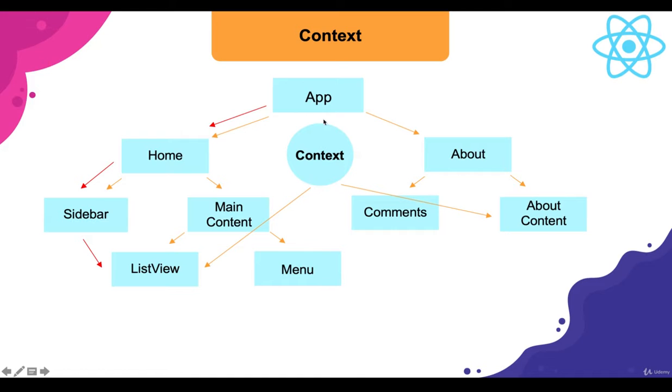For instance, every component inside this tree could have access to the shared state or data, but we don't have to use that data in each of these components. So no longer do we need to pass props down through the components. These components are not going to carry data that they will never use. We're just directly accessing the data from the context in the components which need it. So that's the basic concept of the Context API, right? It can make working with shared data so much easier in a whole lot of cases.